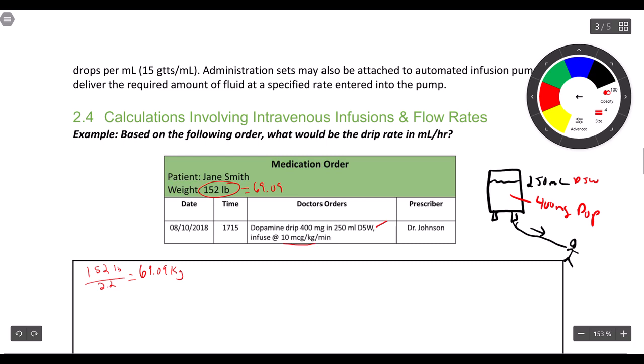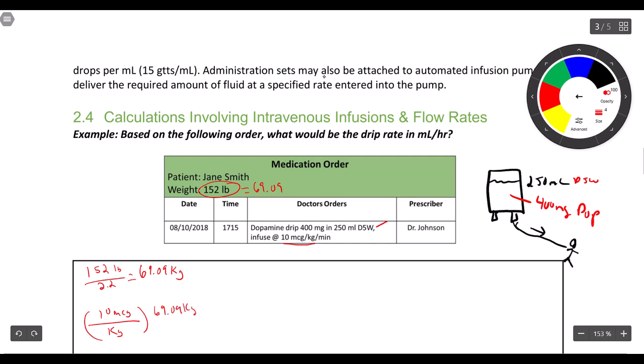dose right here and convert it into something a little more concrete. This says that we're going to give the patient 10 micrograms for every kilogram. So you're going to be giving 10 micrograms per every kilogram of the person's body weight. The person weighs 69.09 kg.